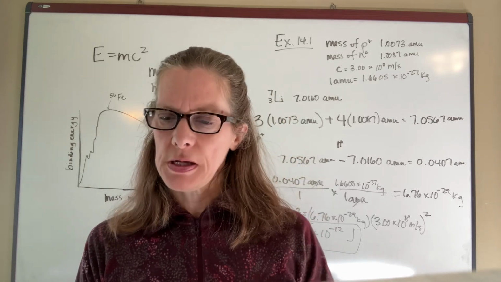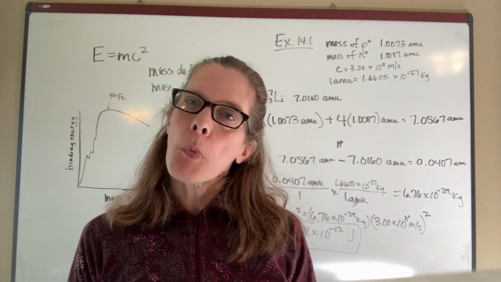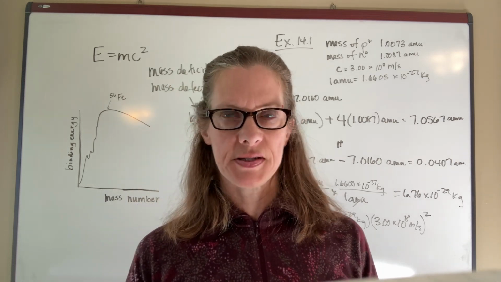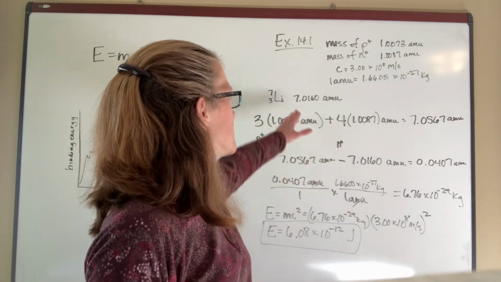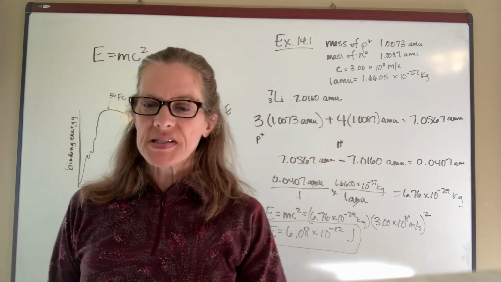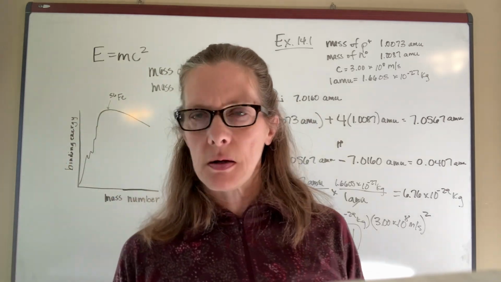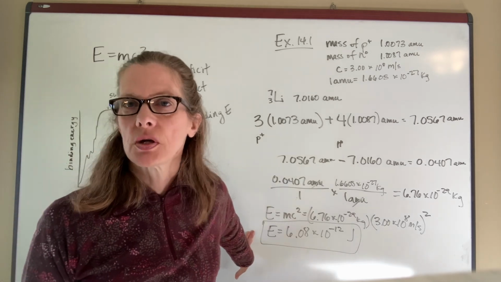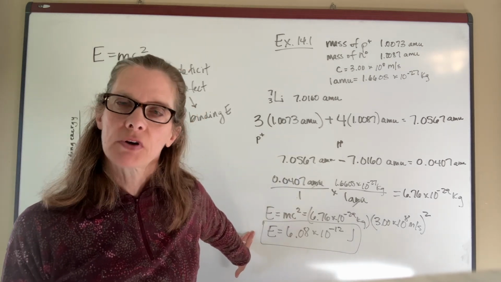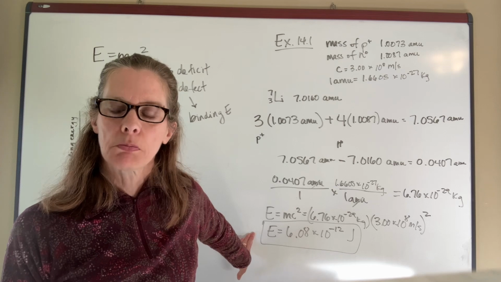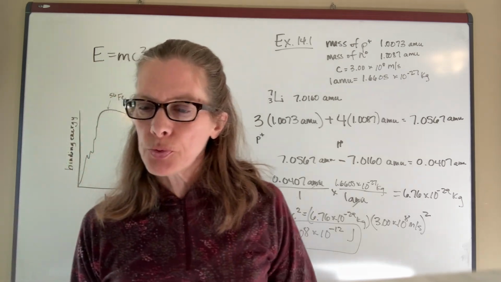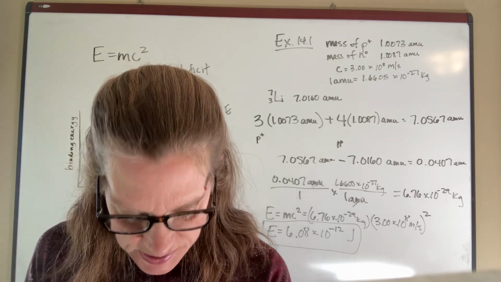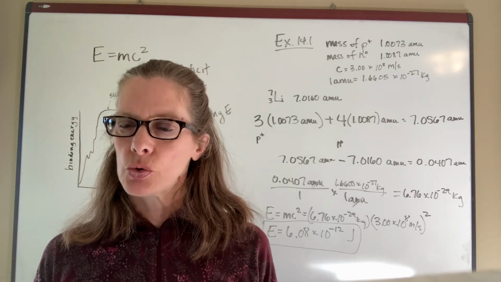Okay, approximately. If I have a mole of lithium atoms, we know that a mole is approximately going to be 7 grams. You have just 7 grams of lithium atoms, and you take this number and you multiply it by 6.02 times 10 to the 23rd, which is Avogadro's number for how many atoms are in a mole, you end up with the number that he gives you there at the bottom, that 3.66 times 10 to the 12th joules per mole.